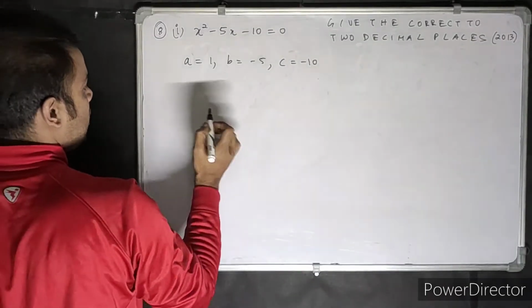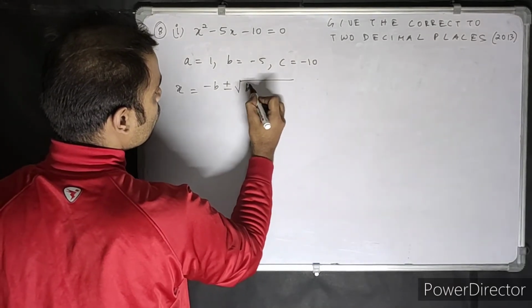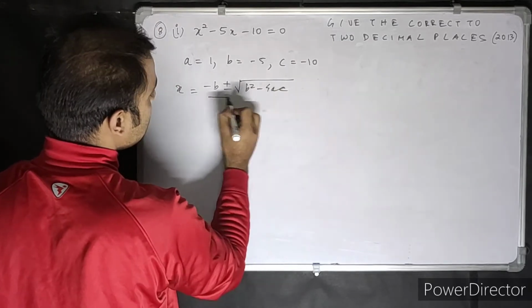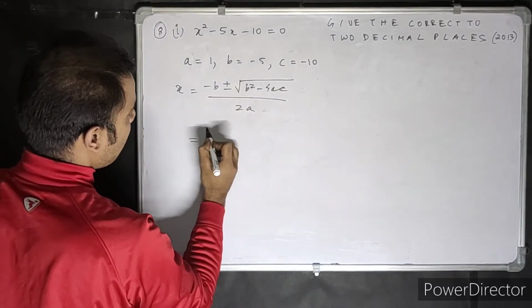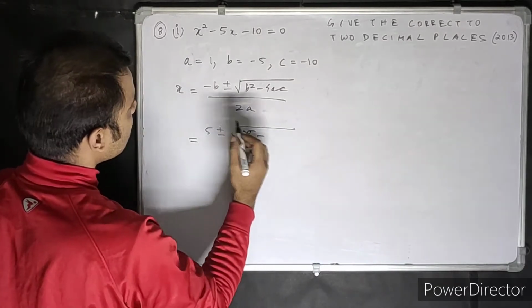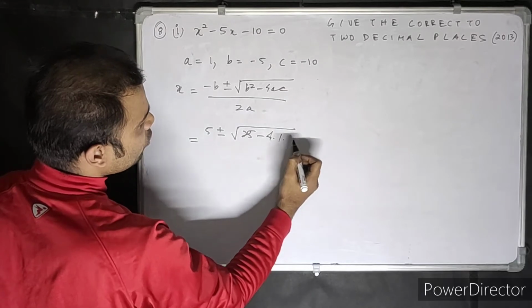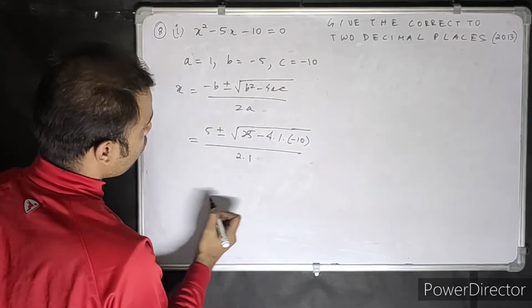So x is equal to minus b plus minus root over b square minus 4ac, the whole thing divided by 2a. So minus b is plus 5, plus minus 5 whole square is 25, minus 4 into 1 into c, which is minus 10, whole thing divided by 2 into 1.